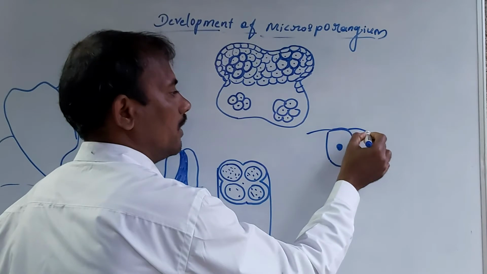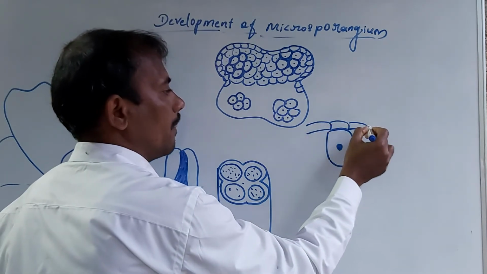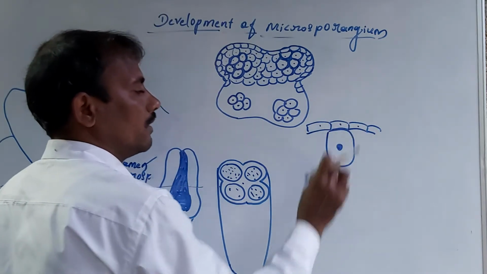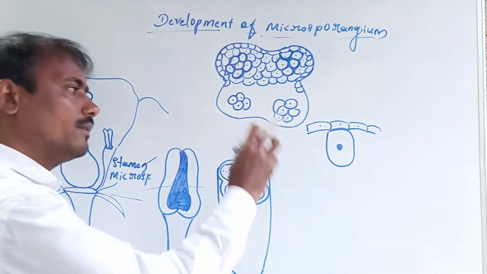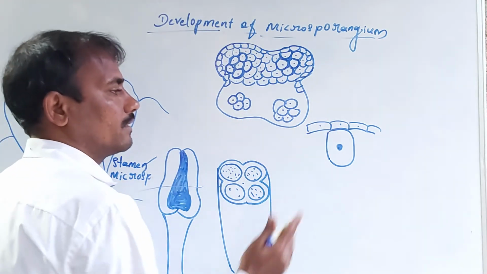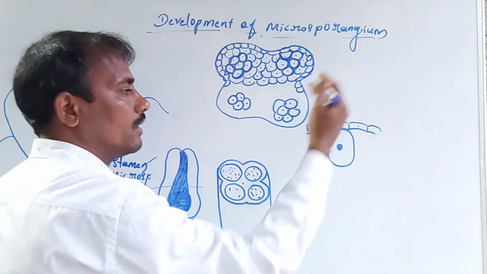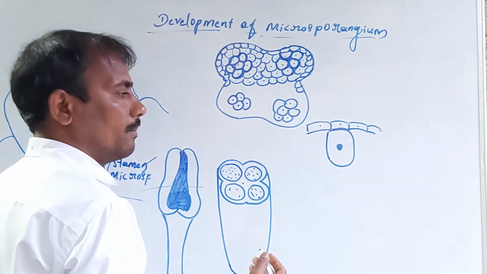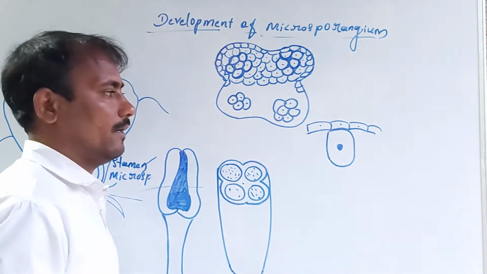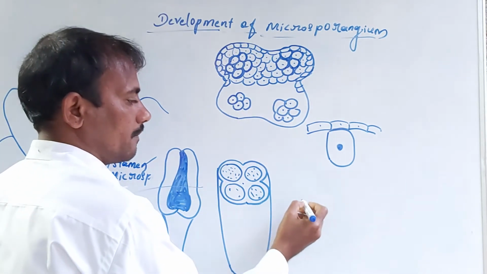This cell is meristematic in nature. It divides, forming the outer parietal cell and an inner sporogenous cell, also known as the archisporium cell.